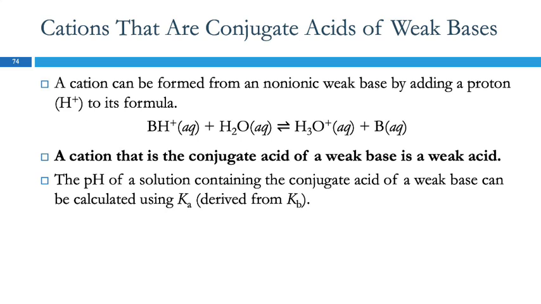So we can take the formula for a weak base and make a cation by adding a proton to it. Right? So here's the base, and now it's got a plus on it.